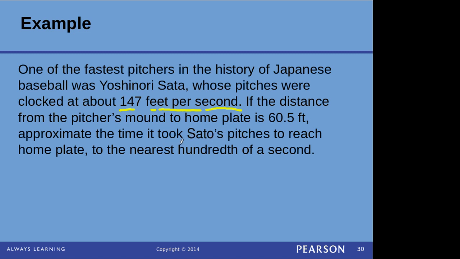That's a rate. If the distance from the pitcher's mound is 60.5 feet, I have a distance. And in my head, I'm going, hey, my distance equals my rate times time, because I don't remember all three equations. So if I solve for time, time is equal to distance divided by rate.